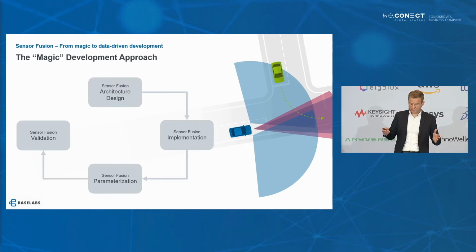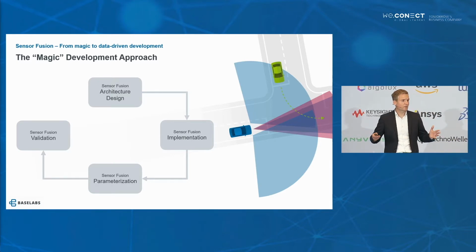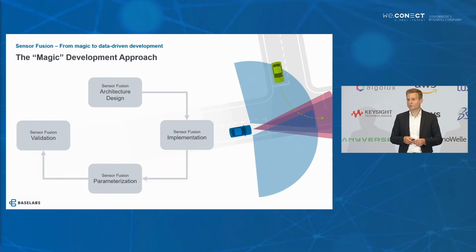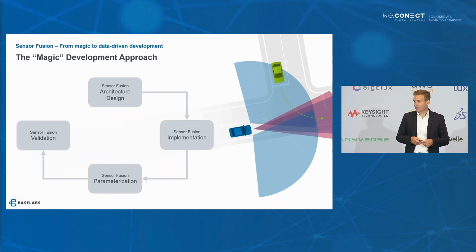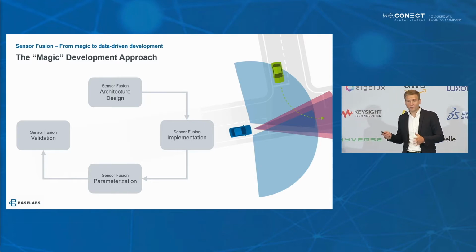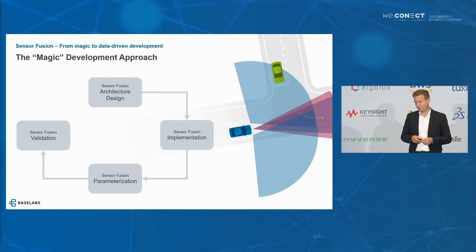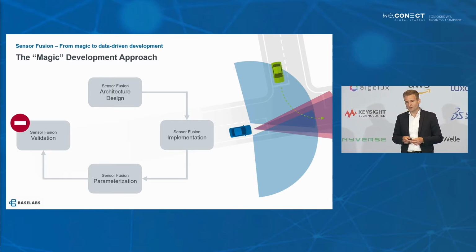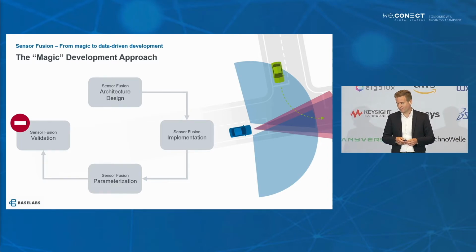Once we have those parameters, we can now run the system and validate it against some reference data. We can calculate some KPIs and then see whether the system fulfills the requirements or not. Typically, when we do the validation the first time, it often fails. Now the developer may ask the question, how can I fix that?